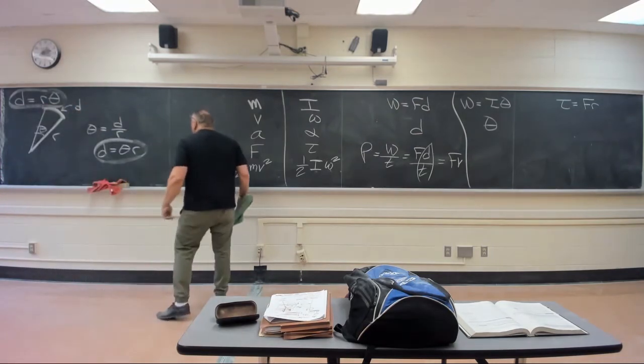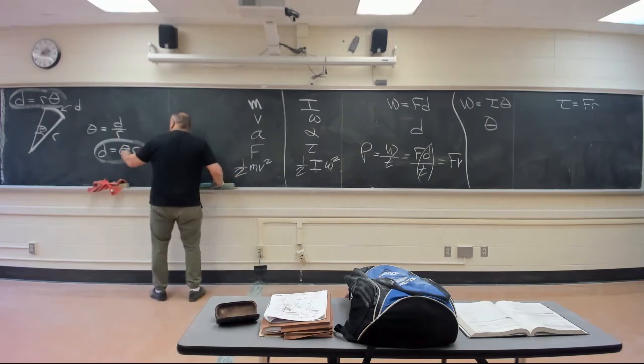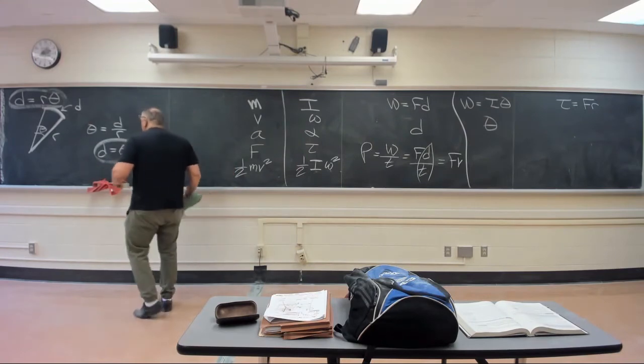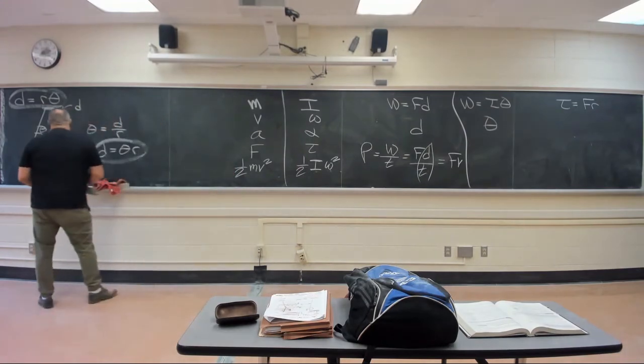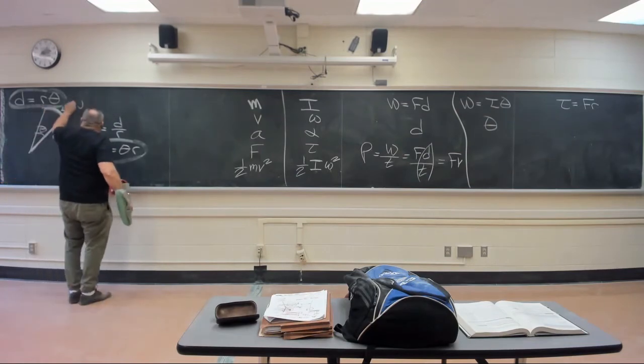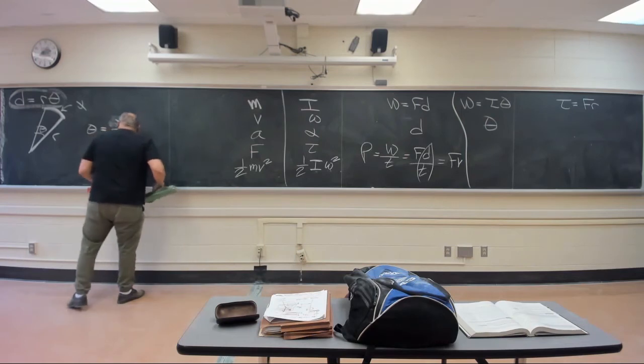If you took D, and you could call it X if you want, it doesn't matter, the length of this. Let's go with X, but I called it D elsewhere. That doesn't really matter, guys.